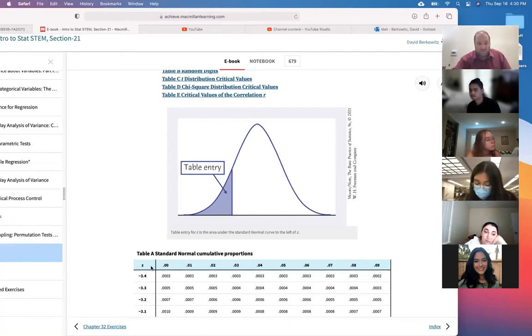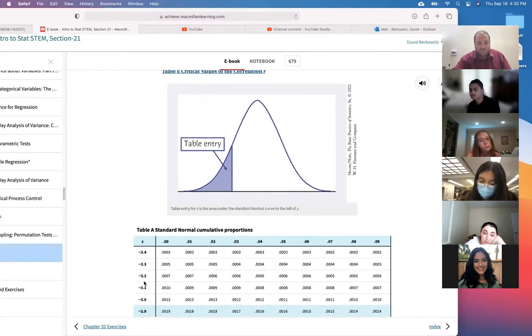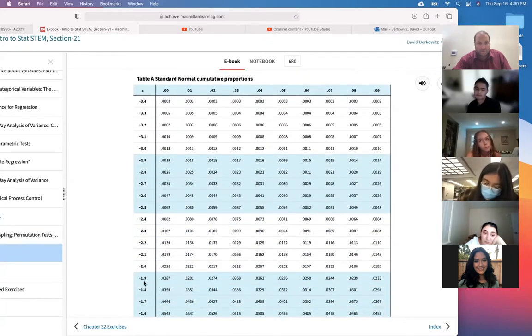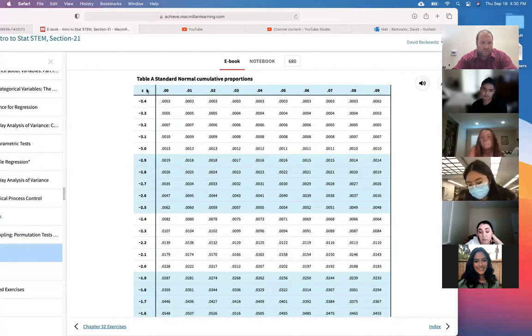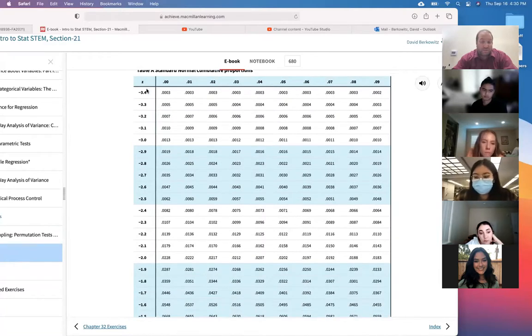What I'm going to do is look for my z-score. This column here gives me the number before the decimal and the first decimal place. The heading here gives me the second decimal place. What was my z-score again? Negative 0.376. Okay, with this table, negative 0.38 is a little better because it only has 2 decimals to work with.